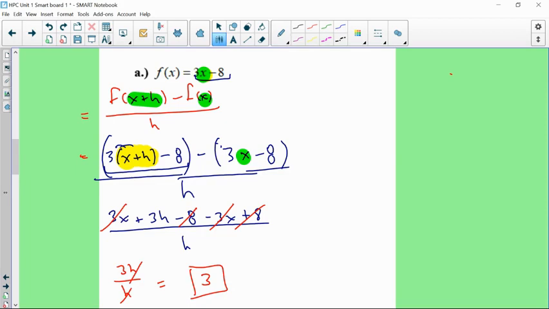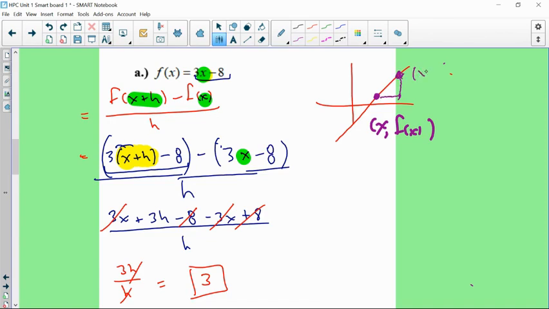And if you think about slope here for a minute and what we're finding, the graph 3x minus 8 is linear, right? So here's 3x minus 8. If we have some arbitrary point x, x comma f of x, and we go an arbitrary distance away, h units away, and go up to here to find that new point.